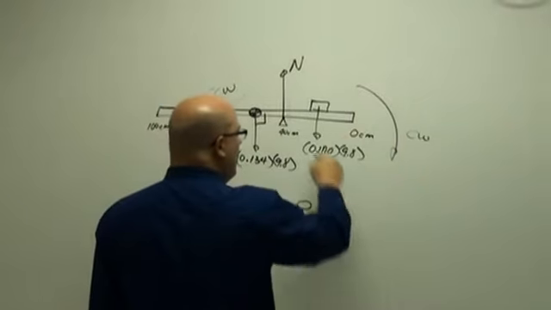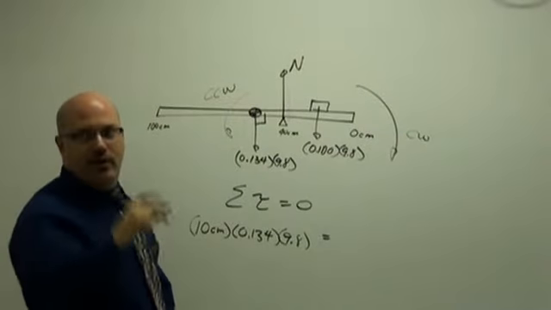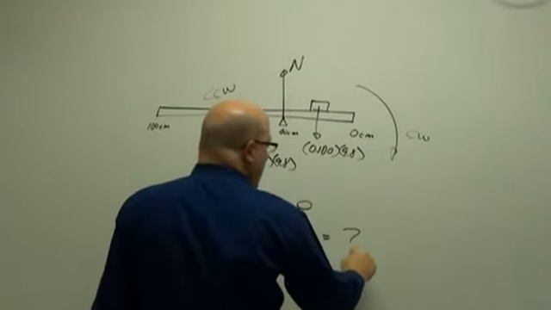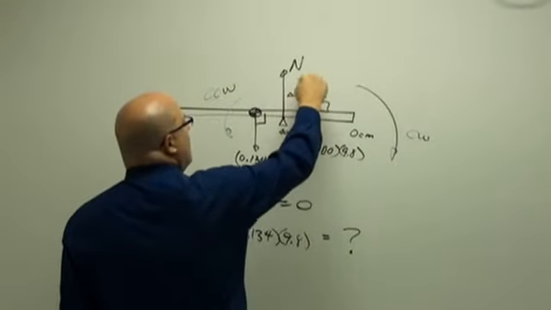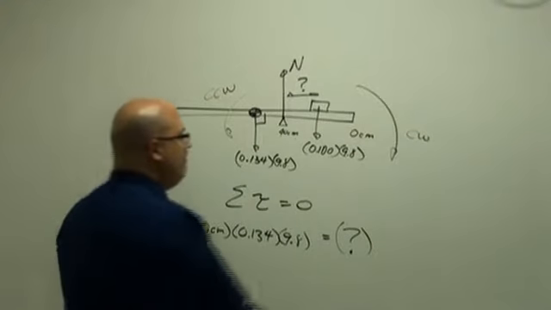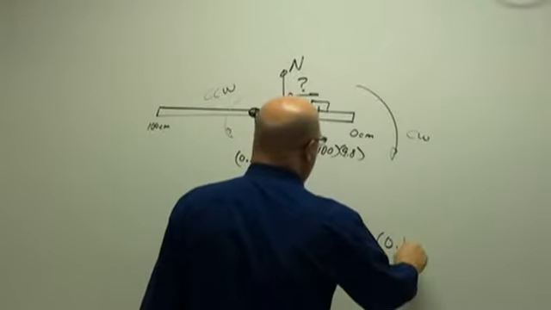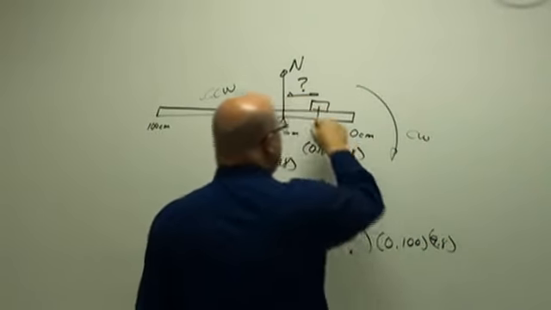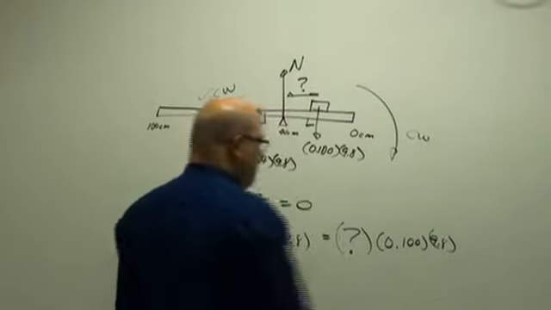All right, that one's got to equal the one on the right. What's the radius for the one on the right? We don't know. Question mark radius. And its mass is 0.100 times 9.8 times, and it's 90 again, right?